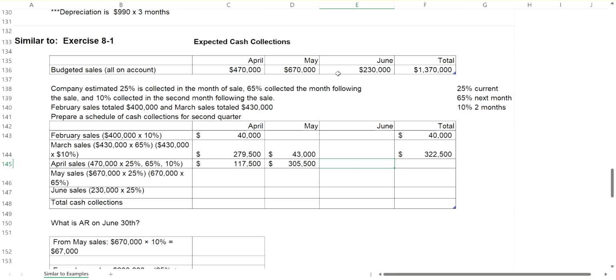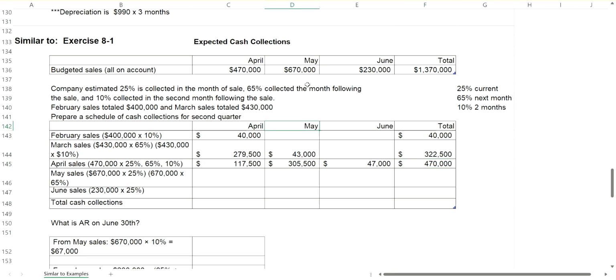So that would be in June. So 470 April sales times 10%. So I don't know why it did it everywhere there. We'll clear it out. It should only be in this row here. Okay, so now I will add those three up. Since that was all collected in this quarter, that should equal April sales of 470.